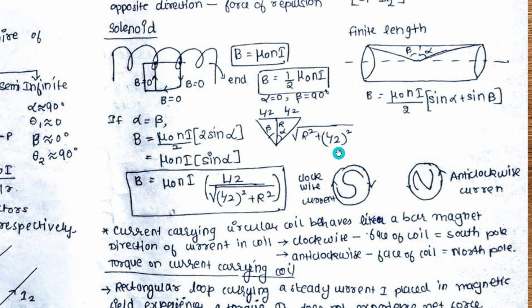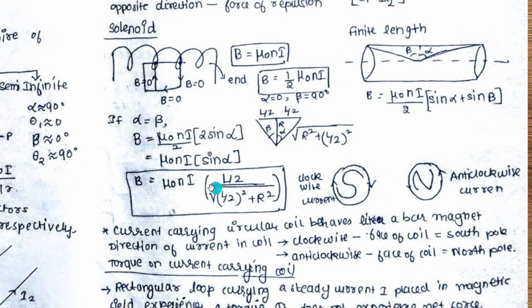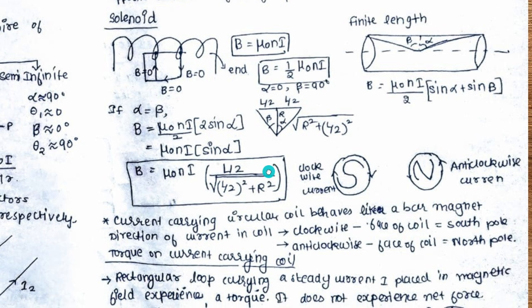Again from the diagram, what is sin α? Check with this diagram. If this is alpha, sin α is opposite, that is L by 2, by hypotenuse, that is root of (L by 2) whole square plus R square. So finally our B would be μ₀nI into L by 2 divided by root of (L by 2) whole square plus R square.